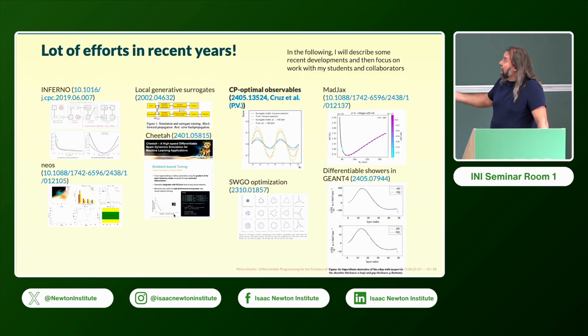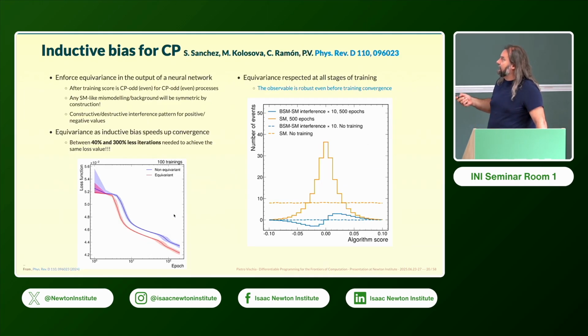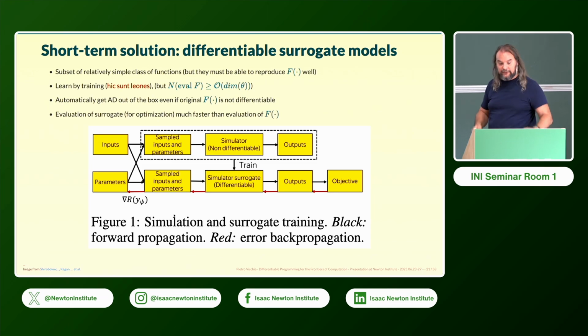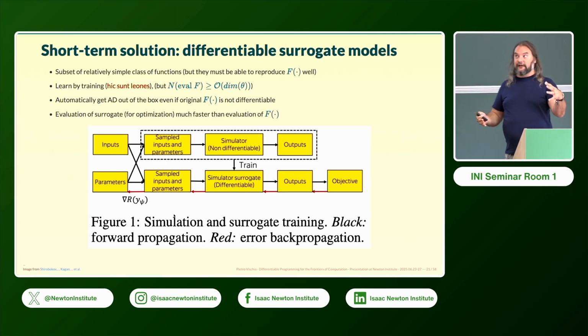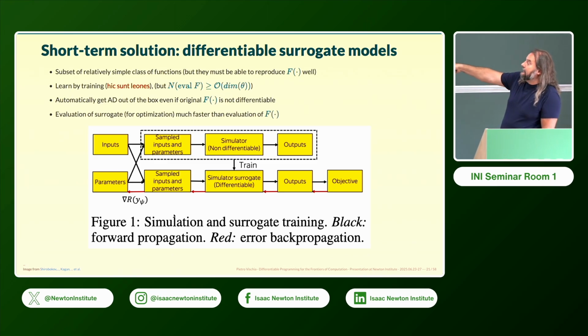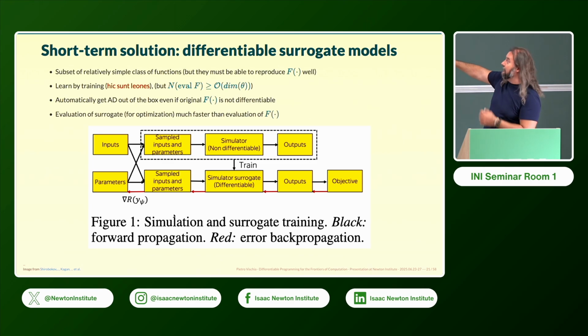So there is a lot of work in recent years. I will skim through the things that we are mostly doing for experiment design. As I mentioned, you have these massive simulations that are non-differentiable. This is a problem, of course, because if you have the inputs, this non-differentiable simulator, and the outputs, even if you have an objective function, you have no way of going back to the parameters of the model.